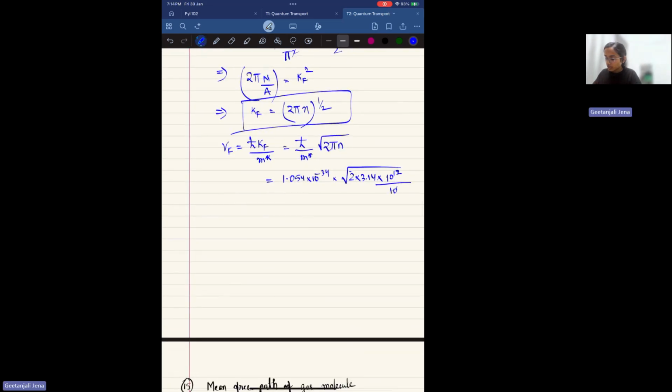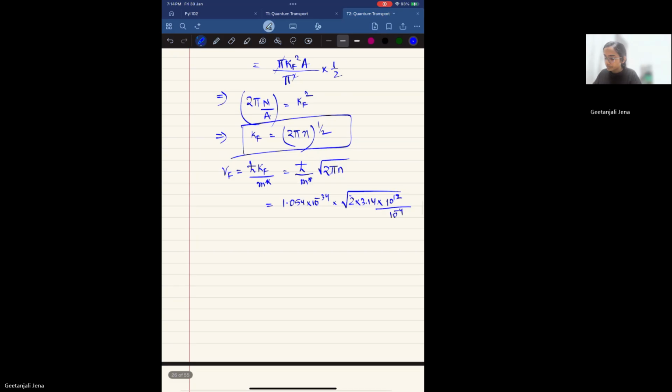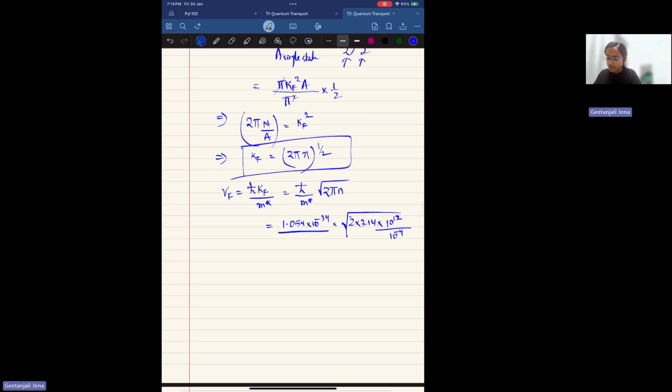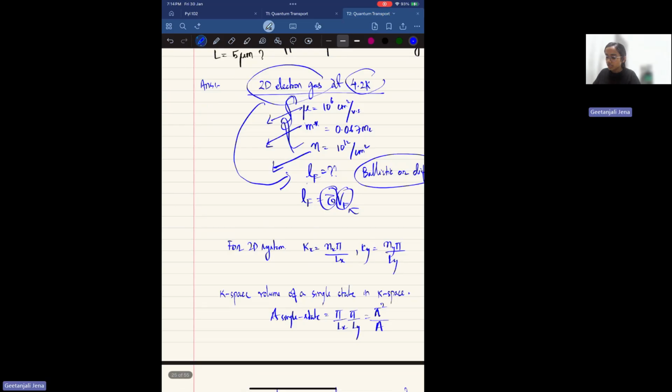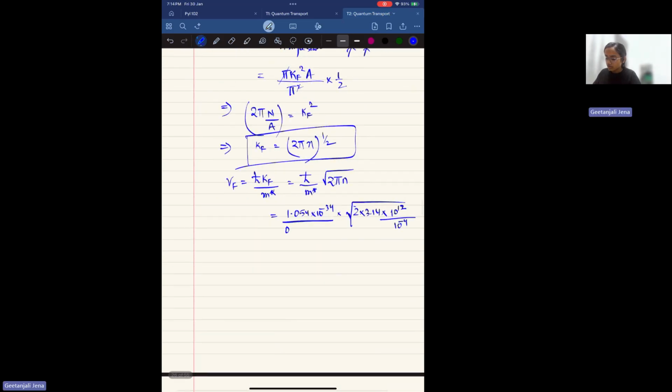We can convert it to meter square, divided by m star. m star is 0.067 times me, the mass of the electron, which is 9.11 times 10 to the minus 31. So this will come out as 4.33 times 10 to the 5 meters per second.